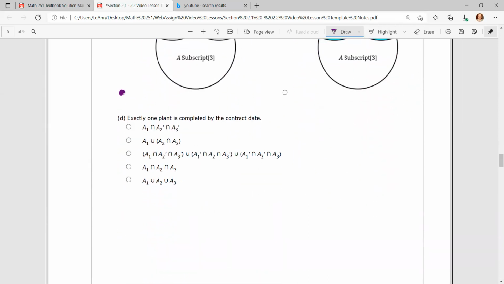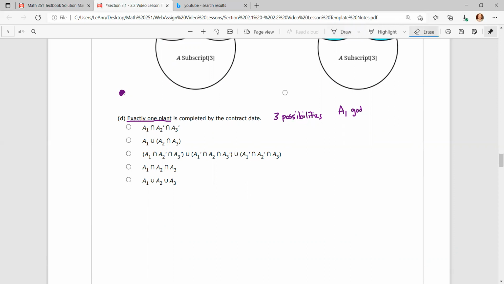All right, exactly 1 plant is completed by the contract date. Well, there's 3 different possibilities for this one because they didn't specify which one had to be completed. So we could have A1 completed, and let me erase that, I wanted to write it in the same notation we did up above.